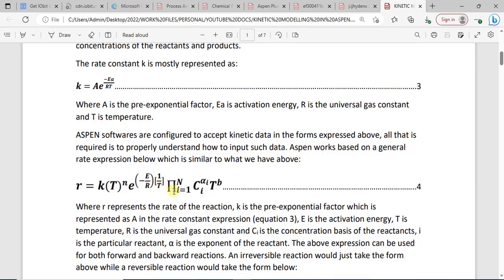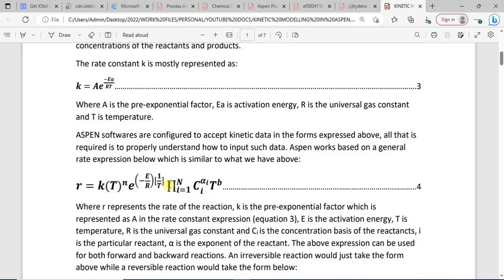Then you have the product notation, right? And then you have Ci raised to power alpha times T raised to power b, right? So from here you have Ci raised to power alpha, and Ci raised to power alpha represents the concentration of each of the reactants involved in that particular reaction.